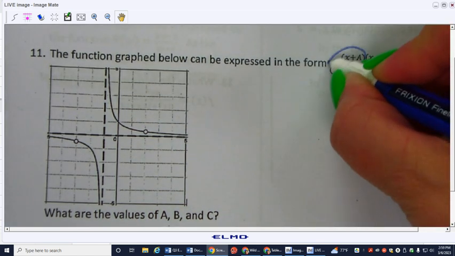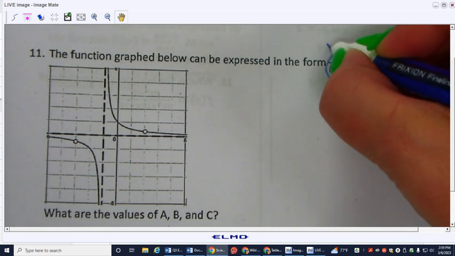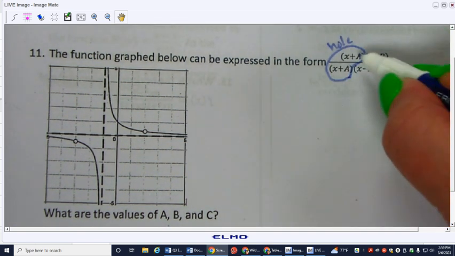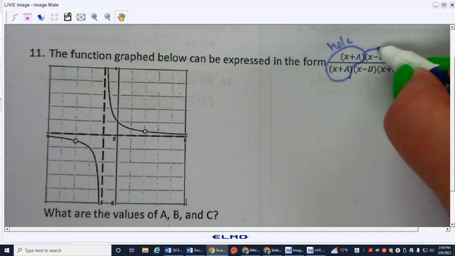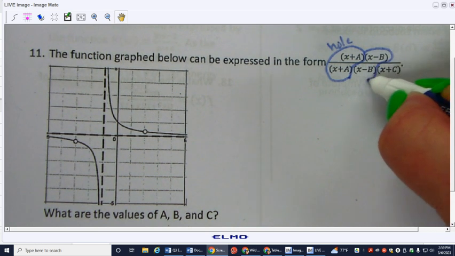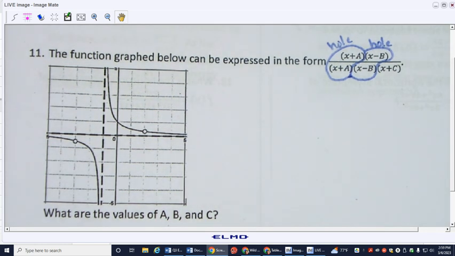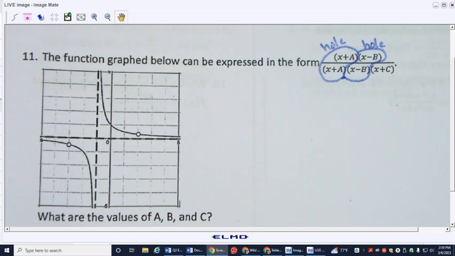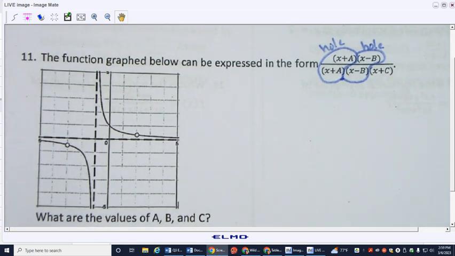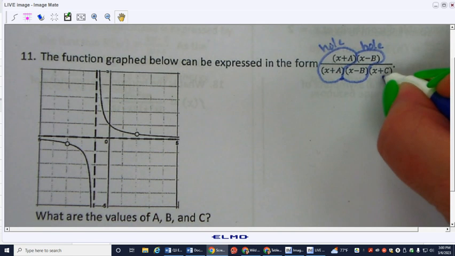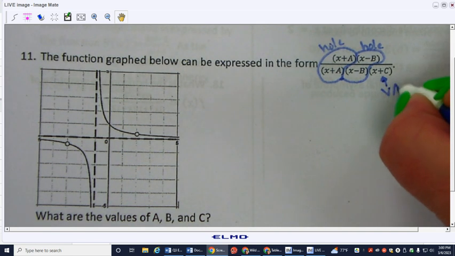It produces a hole. So my x plus a produces a hole, and my x minus b produces a hole. If you have anything left on the top, that would be an x-intercept. We don't have anything left on the top. If you have anything left on the bottom, that would make you undefined if that's 0. So that gives you your vertical asymptote.